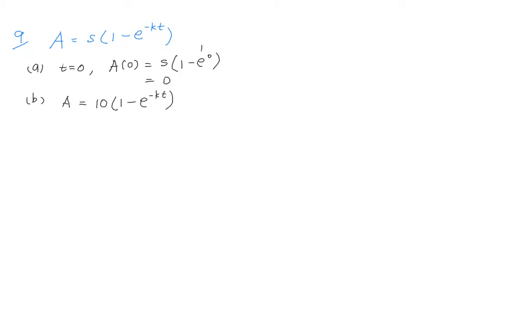This information will help me do part 1. So A equals 5, T equals 3. Now I sub in: 5 equals 10 times 1 minus e to the power of negative 3k.